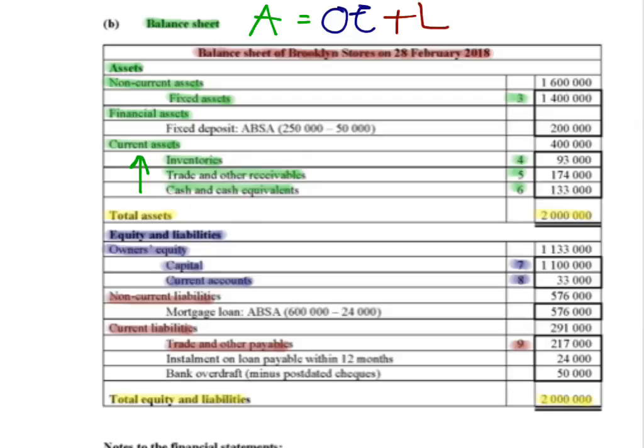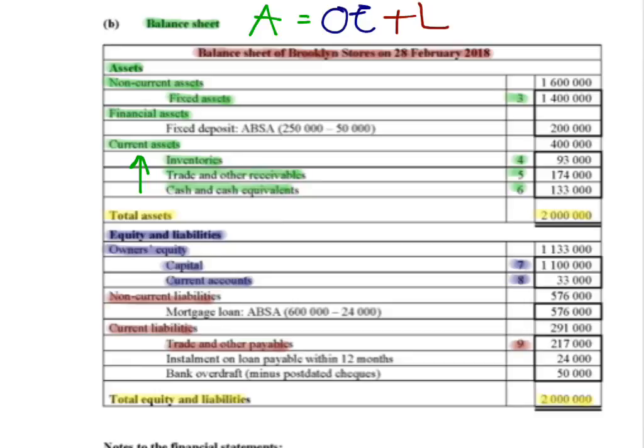In other words, liquidate my assets to become cash for the business. So the easiest to liquidate to cash is cash and cash equivalents, because it's already cash. The second hardest is your trade and other receivables, because remember, it's already cash, but it's still in someone else's possession. They must still pay it over to us.